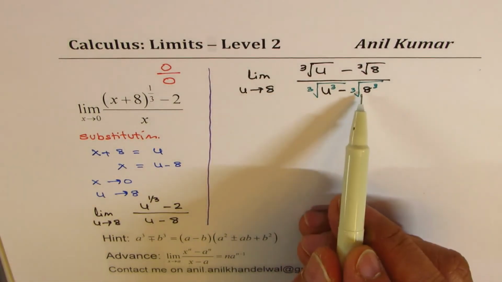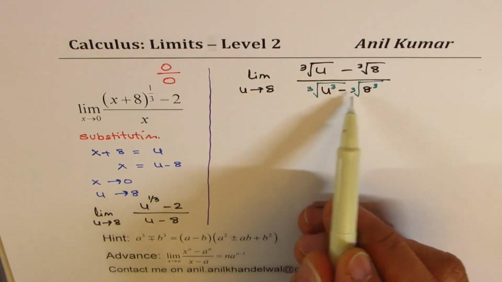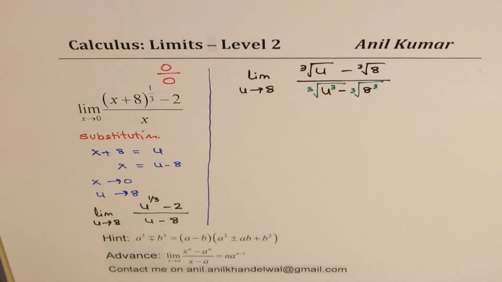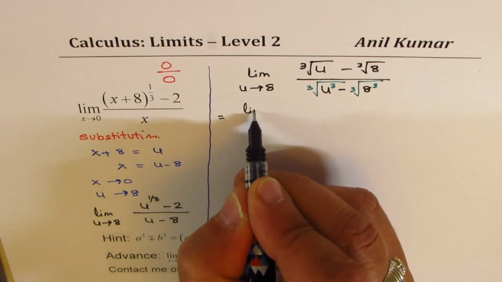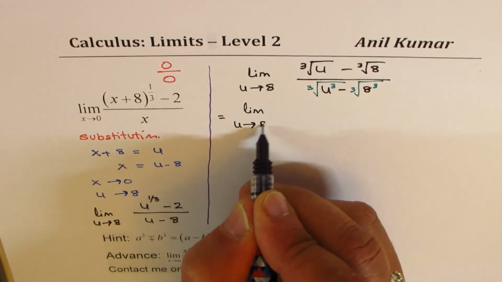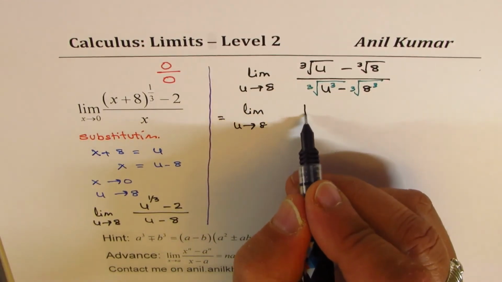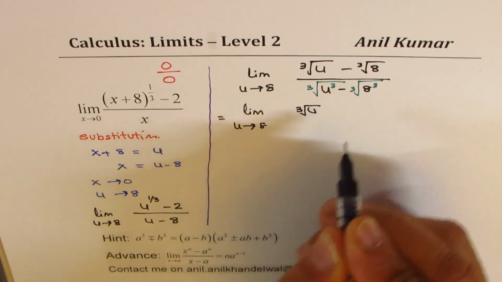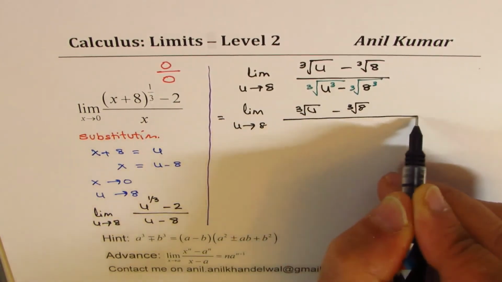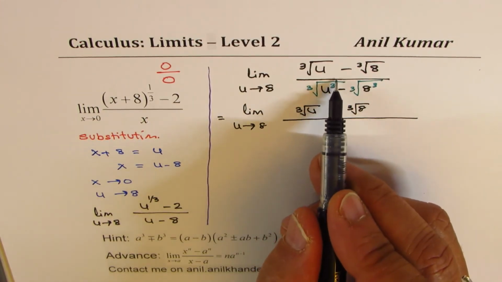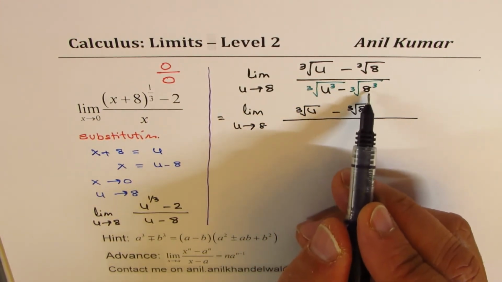However, this strategy helps us to factor the denominator, right? Let's see how. So here we could write this as limit u approaches 8. In the numerator, we have cube root of u minus cube root of 8. And in the denominator, we have u cube, cube root cube, 8 cube root cube.